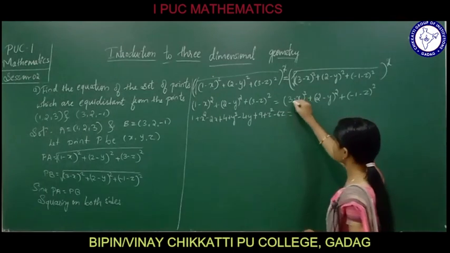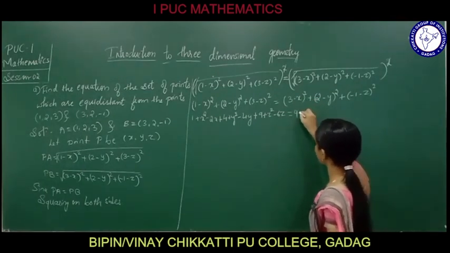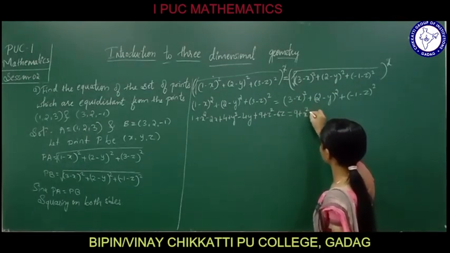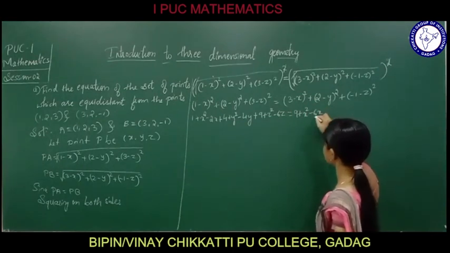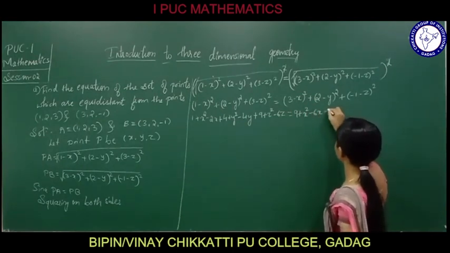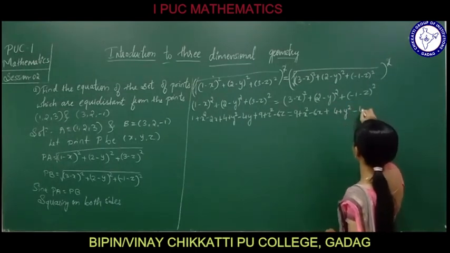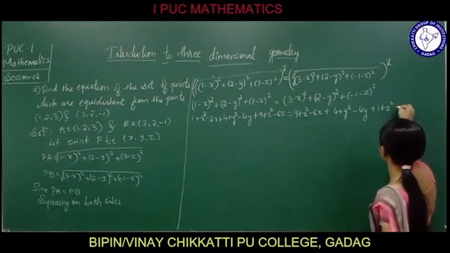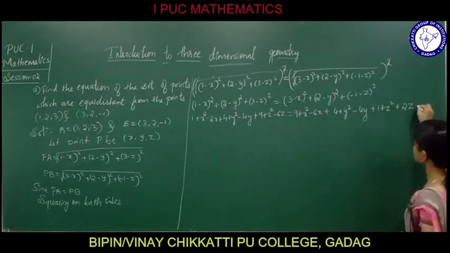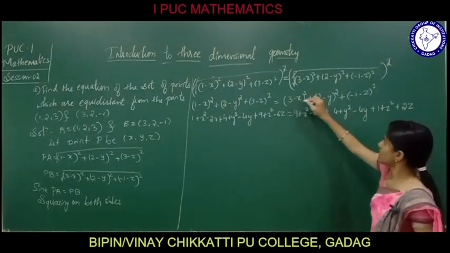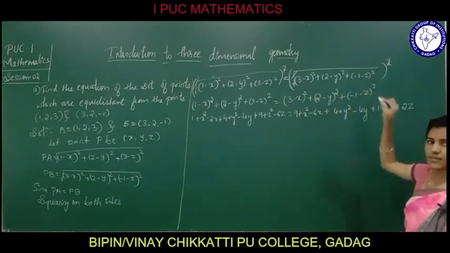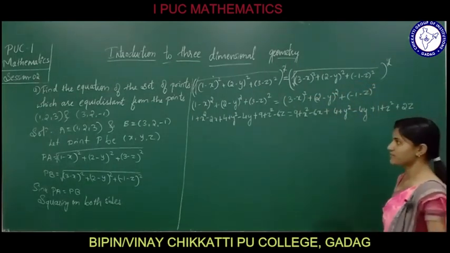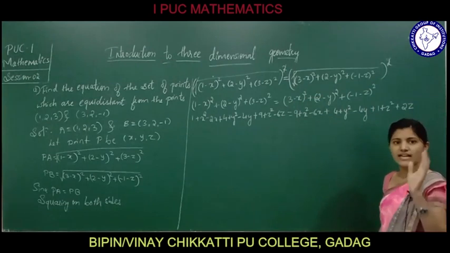This will be equal to 9 plus x square minus 6x, plus 4 plus y square minus 4y, plus 1 plus z square plus 2z. Go on simplifying.